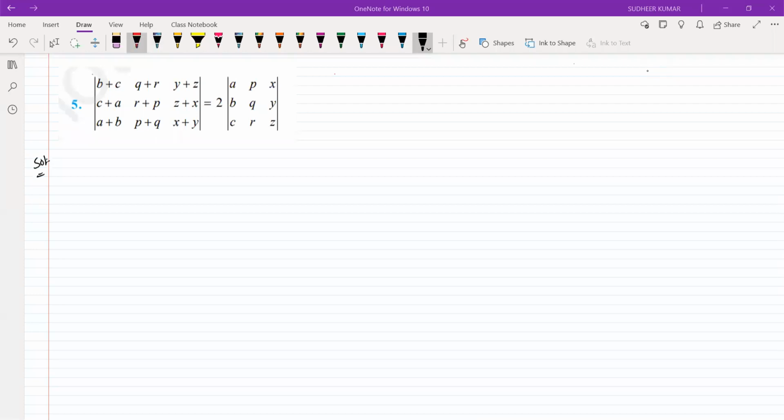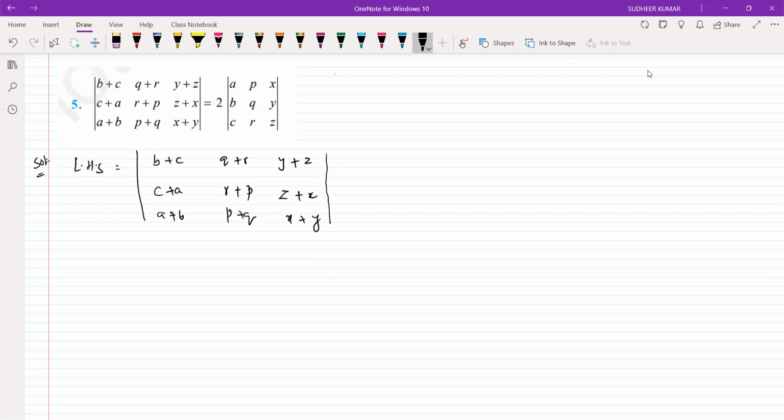Let us consider this as a determinant. Let it be LHS. LHS is determinant of B plus C, Q plus R, Y plus Z; C plus A, R plus P, Z plus X; A plus B, P plus Q, and X plus Y.